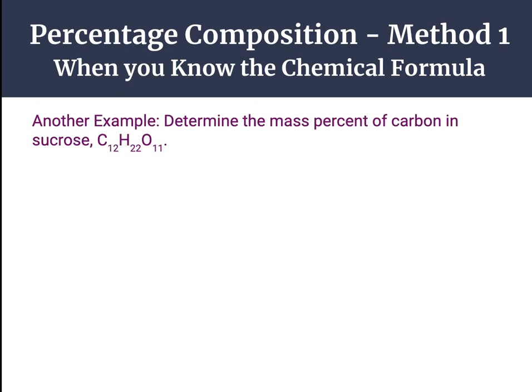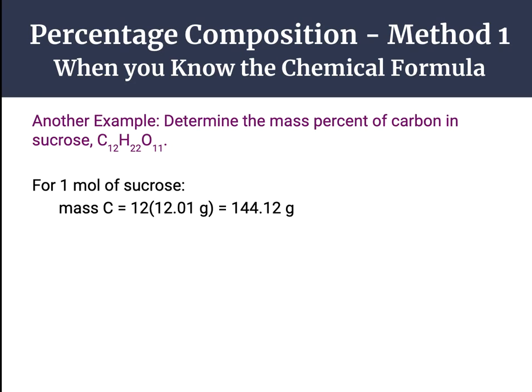Let's look at another example. Determine the mass percent of carbon in sucrose, which is C12H22O11. So this time we're just calculating the percent of carbon. In 1 mole of sucrose, we know there are 12 moles of carbon because it's C12.